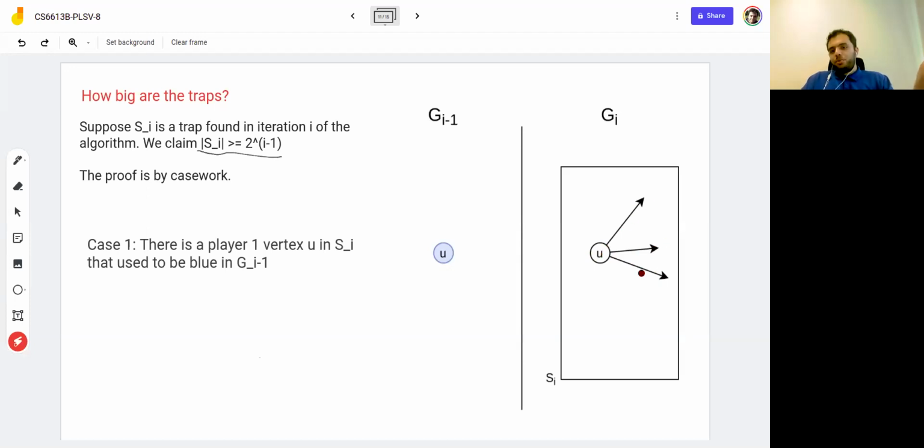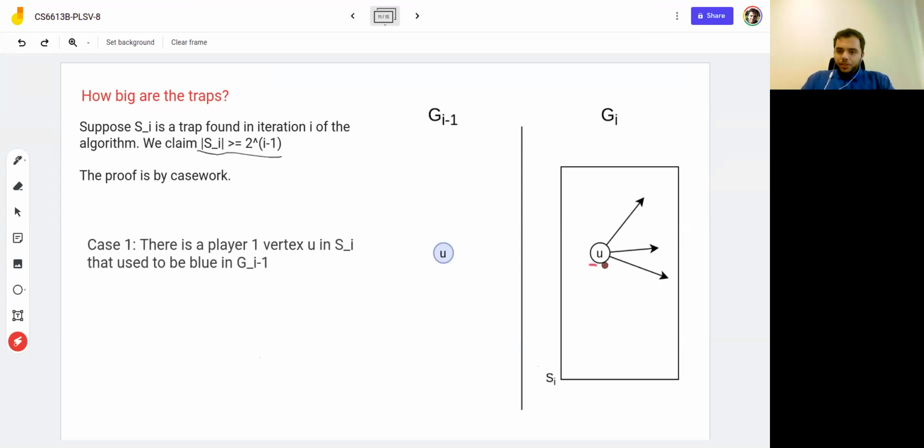But this was again blue, so it's a player 1 vertex. And this S is a trap for player 1. So if S is a trap for player 1, all of the successors of this player 1 vertex should also be in S, because otherwise player 1 can just take an edge that goes out of S and get out of the trap, and we don't want to allow that, of course. That's not allowed in the definition of a trap.